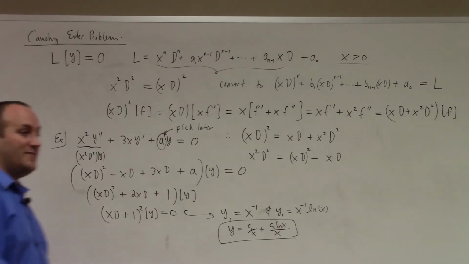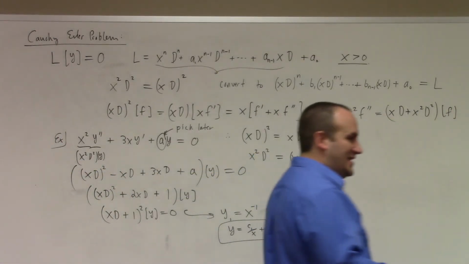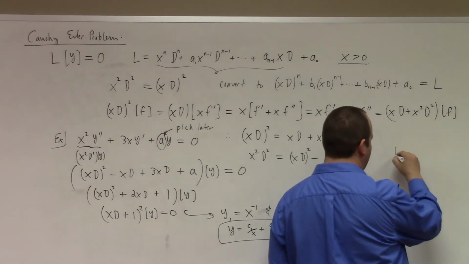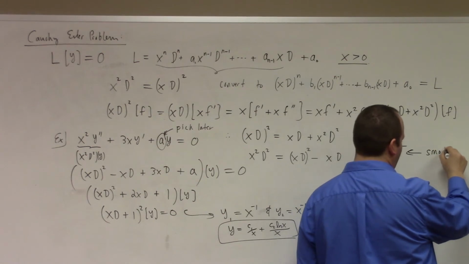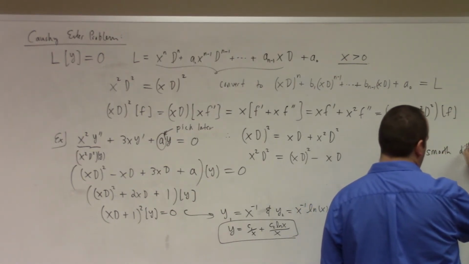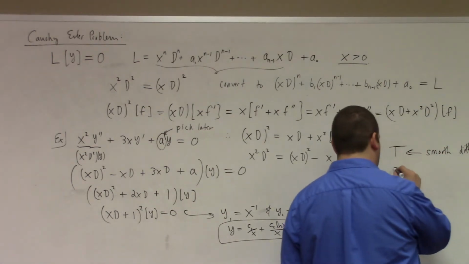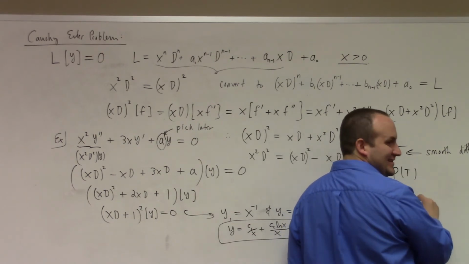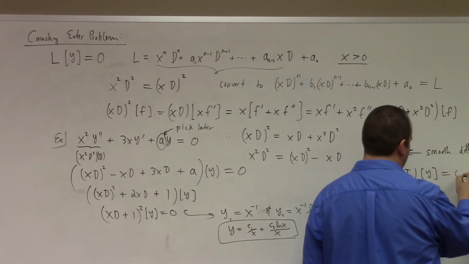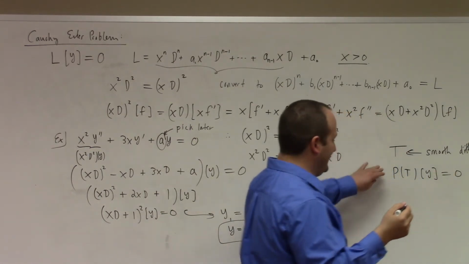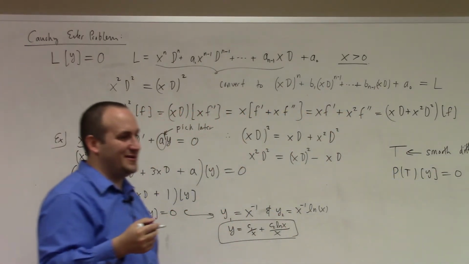But if you think about it, you see what I can do. Here's how I can come up with awful new differential equations. I just take my favorite differential operator, t, some smooth differential operator, right? And I just write down a polynomial in t, all right? Any old polynomial in t, y equals 0. That gives me a differential equation that at this level of notation I completely know how to work with.